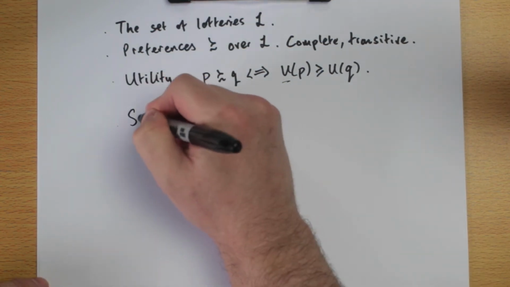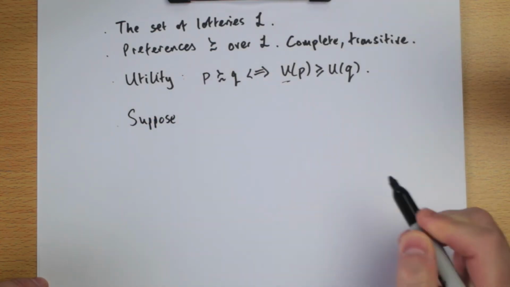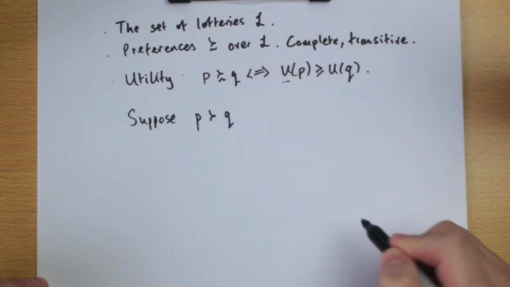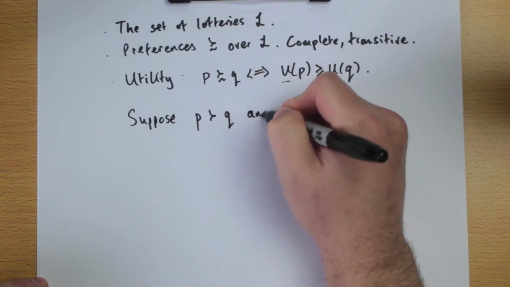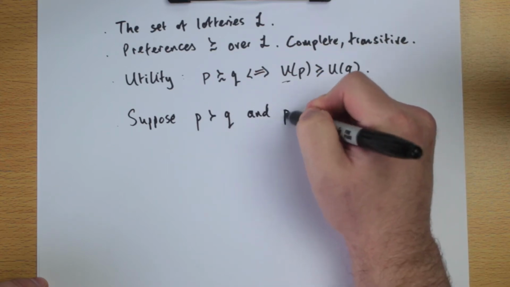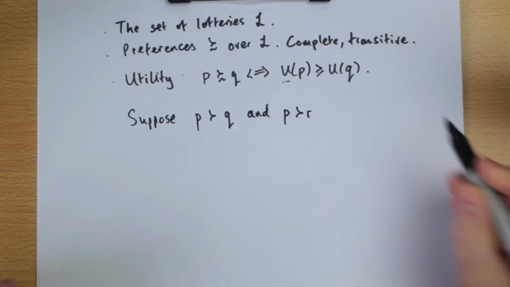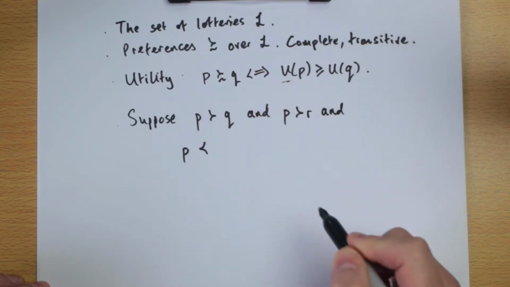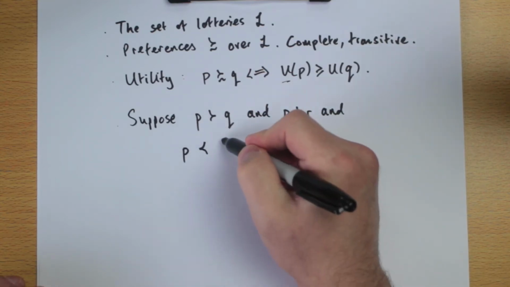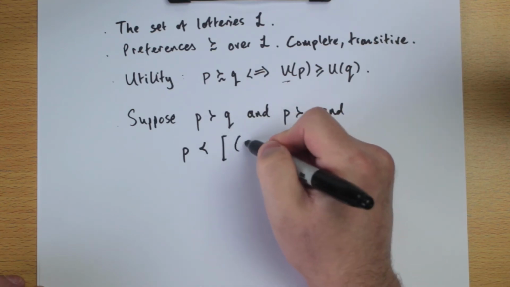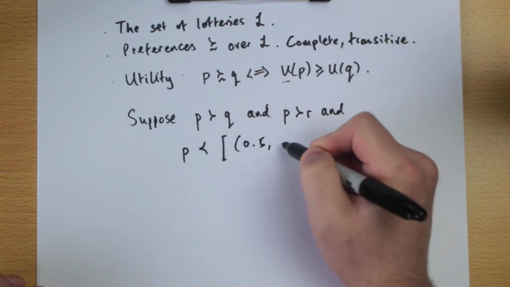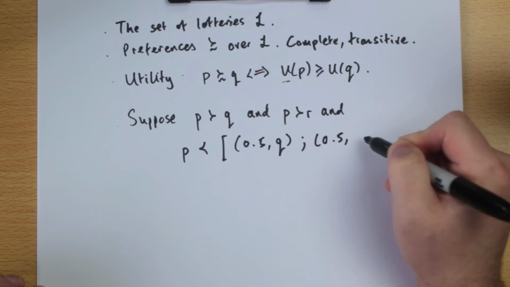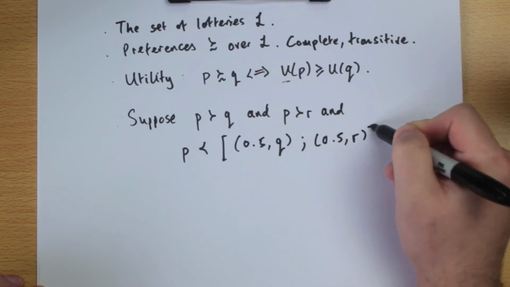So let's suppose that we have a decision maker who strictly prefers the lottery P over the lottery Q, and they strictly prefer the lottery P over the lottery R, and they think the lottery P is strictly worse than, so I've just reversed the preference sign here, a compound lottery, where with probability 0.5 I get the lottery Q, and with probability 0.5 I get the lottery R. Okay?